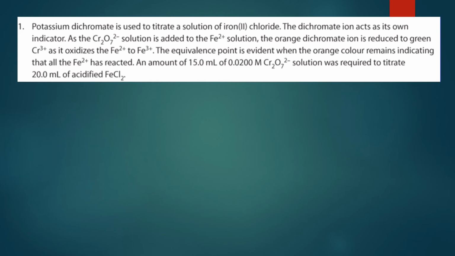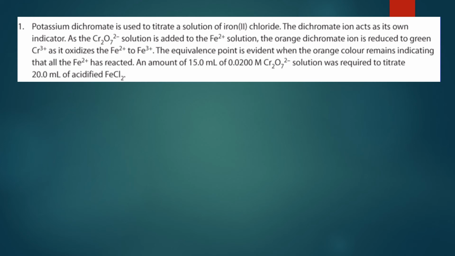Here's another sample problem for you to try. We've got potassium dichromate used to titrate a solution of iron 2 chloride. So the potassium dichromate is the indicator. As the dichromate solution is added to the iron solution, the orange dichromate ion is reduced to green chromium ion as it oxidizes. So with this one, we've got another kind of indicator that is also an oxidizing agent.